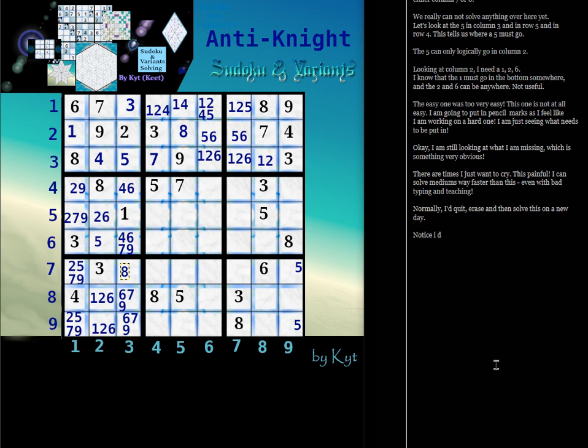Notice I did put in that 8 in column 3, row 7.